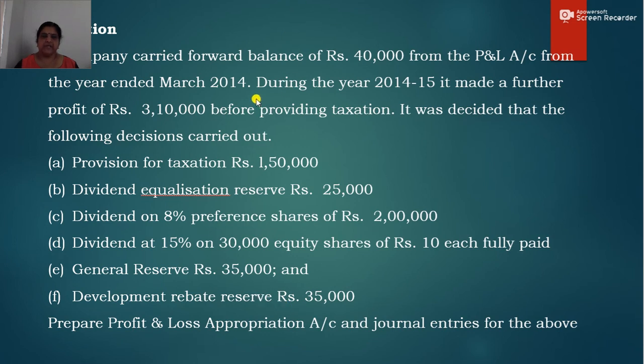So when we take net profit for the current year, it will be 3,10,000 total profit minus provision for taxation 1,50,000. So the net profit during the year will only be 1,60,000.